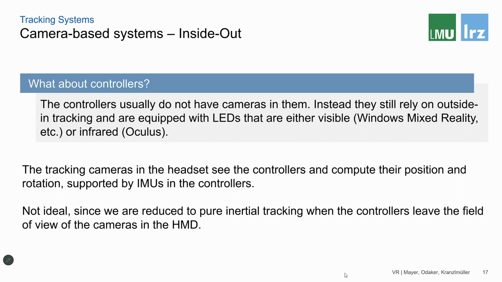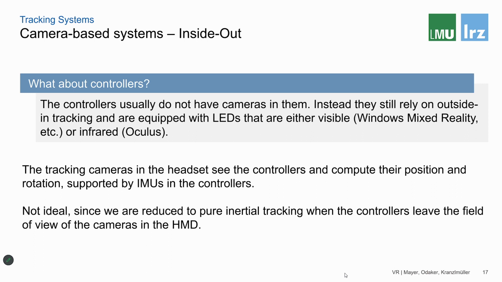They are usually connected to the headset wirelessly via Bluetooth or some kind of RF connection, and they send their IMU data. And we use the optical data from the tracking system to control the drift and correct the drift. And what happens when the controllers leave the field of view from the cameras is that the IMUs still continue to work.